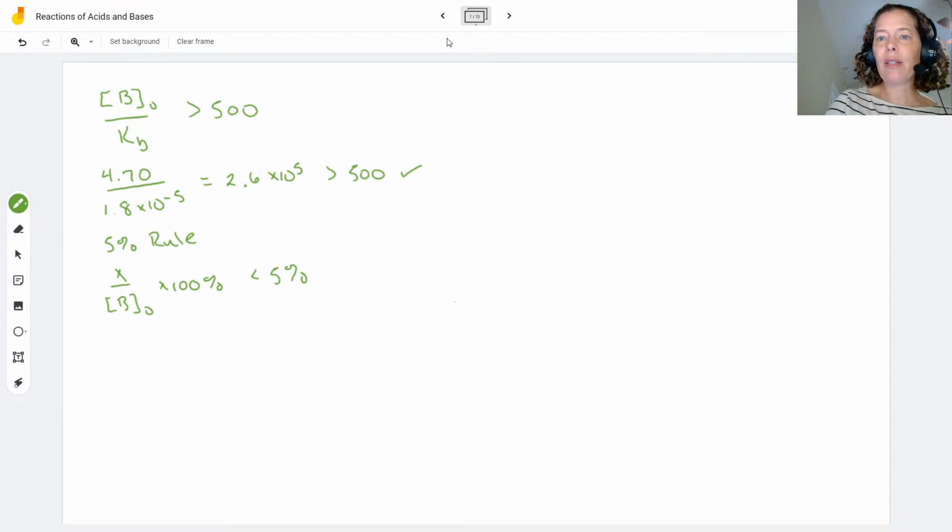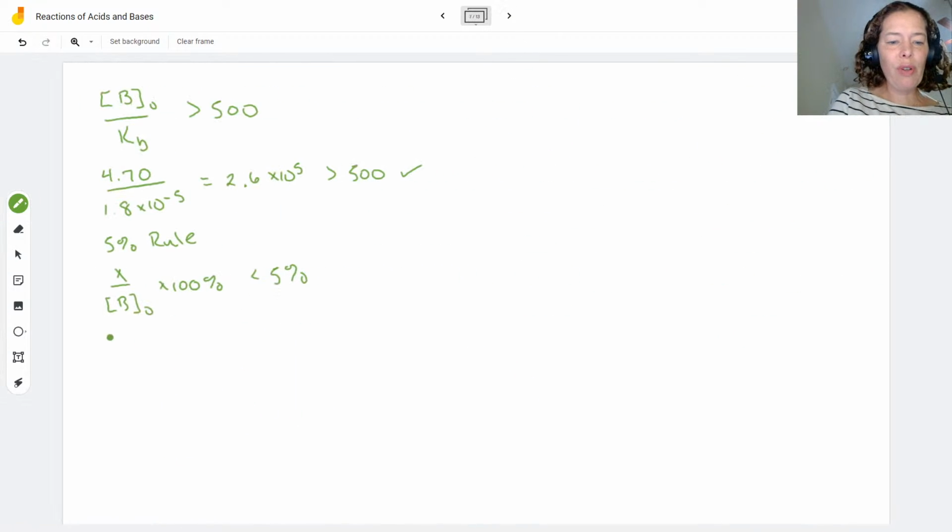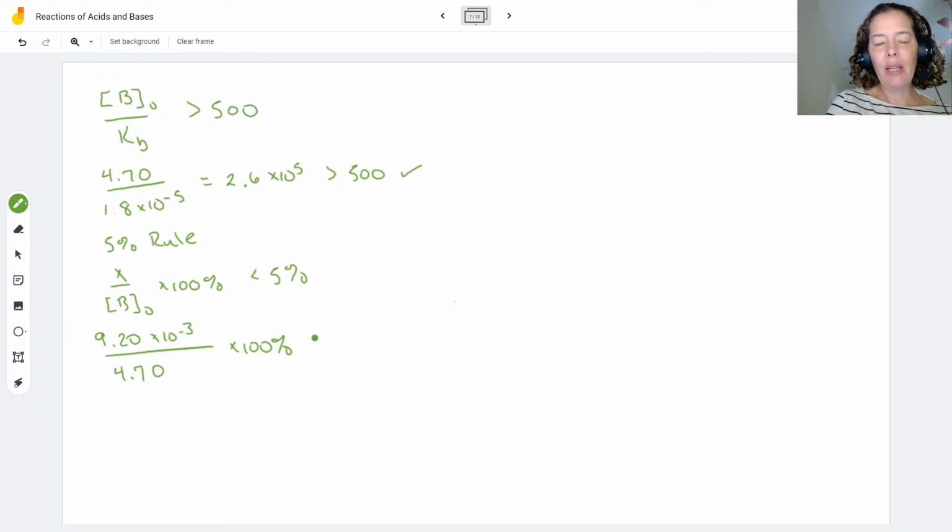Okay, so x was 9.2 times 10 to the negative third. Let me pop that into the numerator, and my initial concentration of base, you can see, is 4.7. I'm going to multiply by 100%. When I put that in my calculator, I get 0.2%, which is definitely less than 5%.